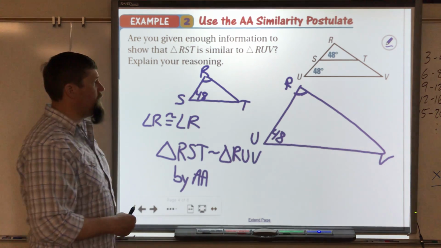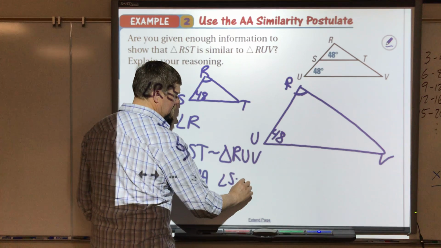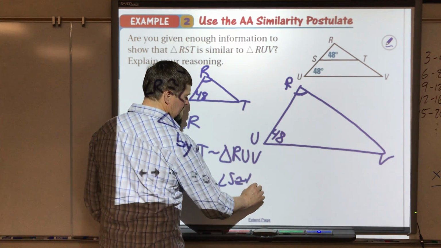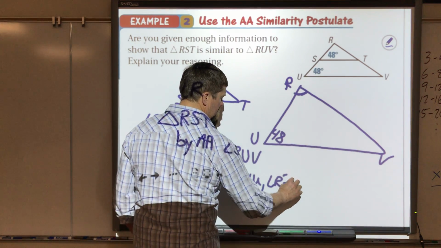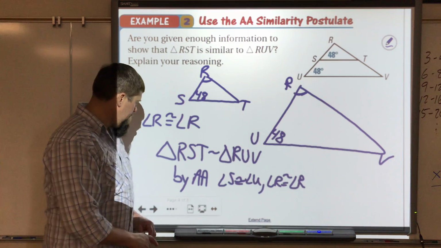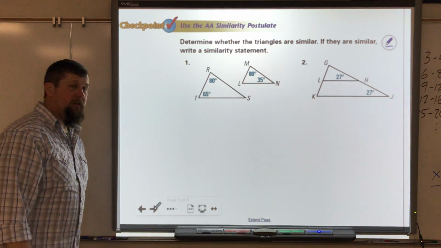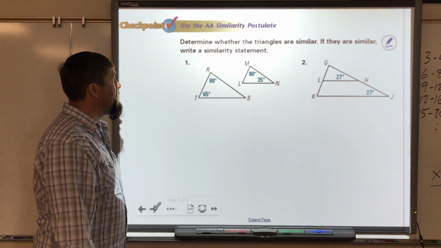And to explain my reasoning would be that angle S is congruent to angle U, and angle R is congruent to angle R. Okay? Now, pause the video, try these, and then I will go over them and see how you did.